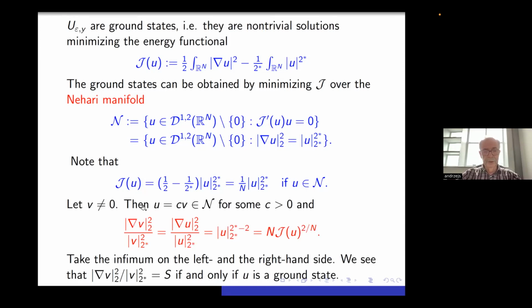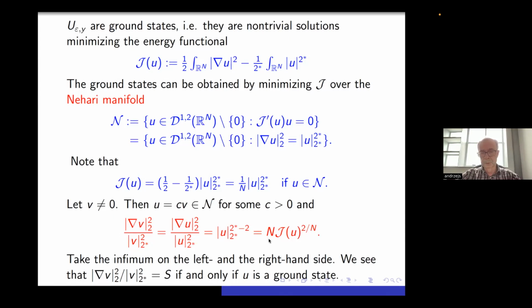Now, if v is not equal to 0, then one can choose u equal to cv, with a unique c bigger than 0, such that cv is on the Nehari manifold. And then one has this quotient equal to this quotient, and again, a simple computation shows that this is equal to the L2 star norm to the power 2 star minus 2.